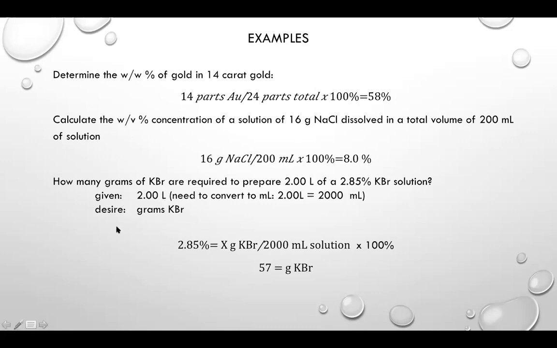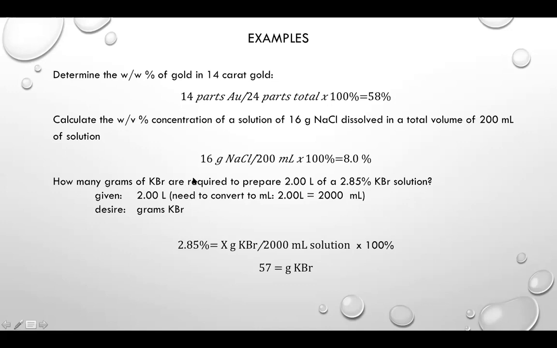And then next, we're going to have how many grams of potassium bromide are required to prepare 2.00 liters of a 2.85% potassium bromide solution. So here we're given the percent, we're given the volume, and it wants to know how many grams. So we're going to need to work with our equation.